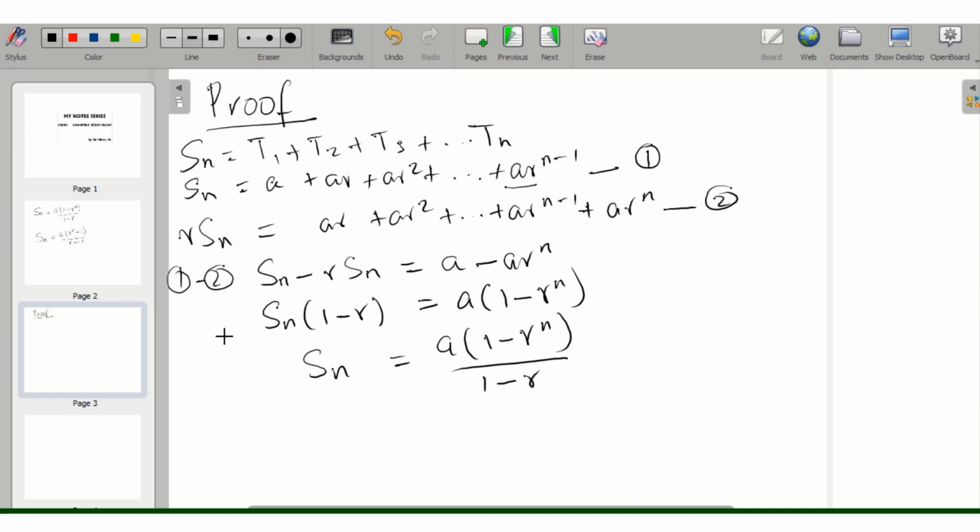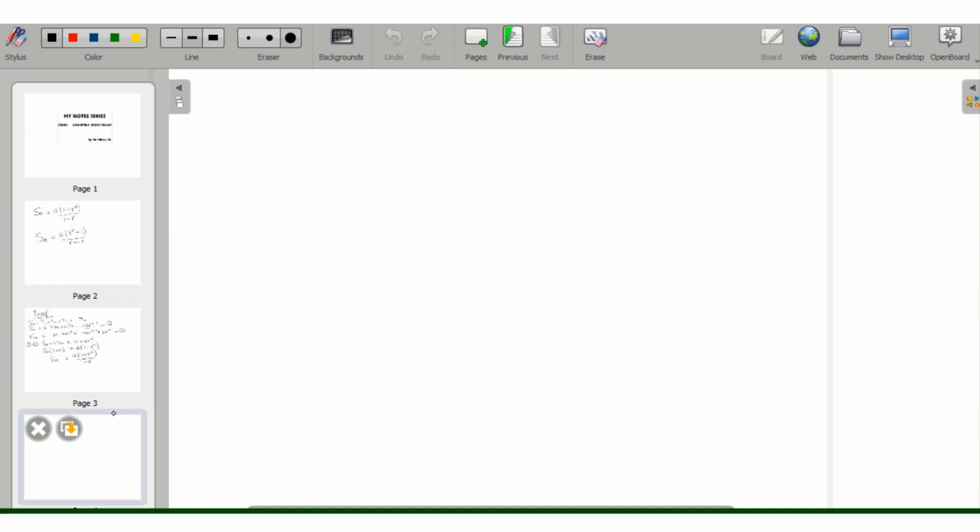If you are asked to prove the other one, it means you have to say equation 2 minus equation 1.